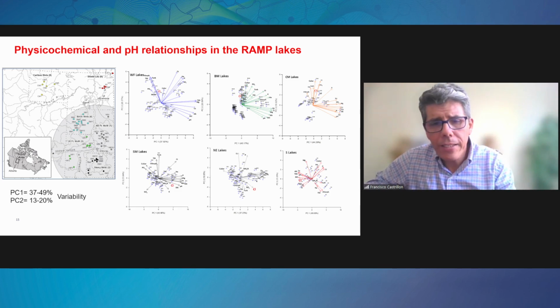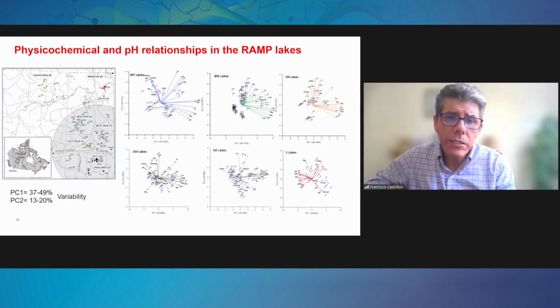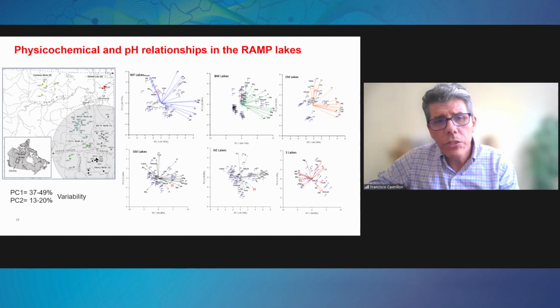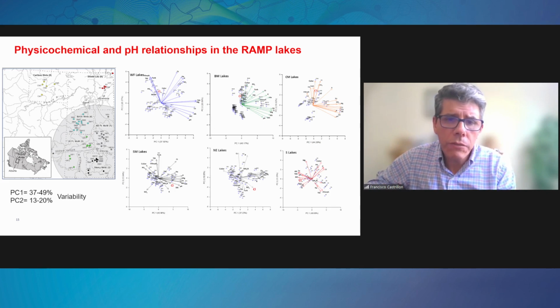To highlight here is the chloride ion, which is conservative. In the top group, the chloride seems to be aligned with total suspended solids, turbidity, ammonia, and color, and less associated with the potential dissolution of carbonate rocks.